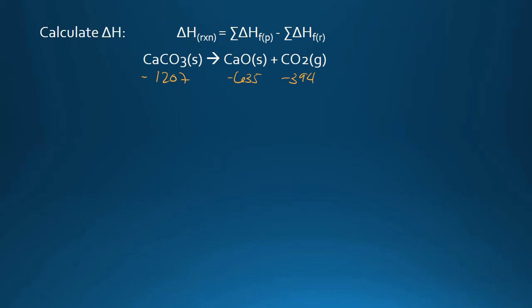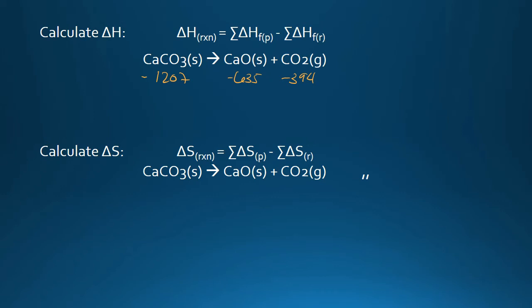Remember, you have your delta H of your reaction, so we have our summation, so negative 635 plus negative 394 minus a negative 1,207. We get a positive 178 kilojoules per mole. So you know already we're working with an endothermic reaction. So keep that in mind.